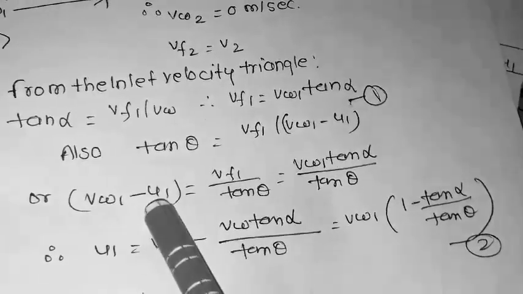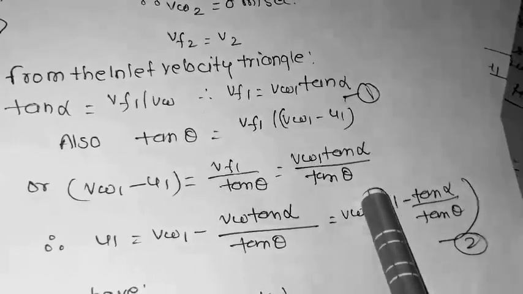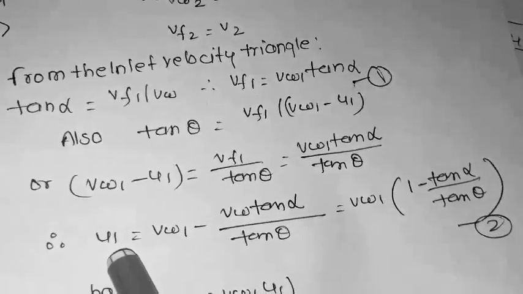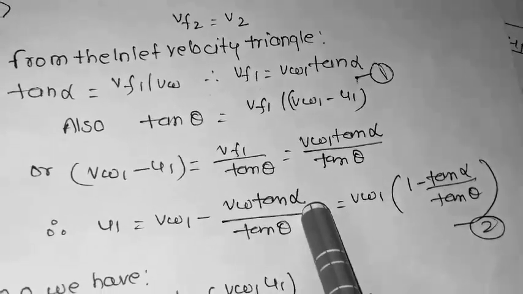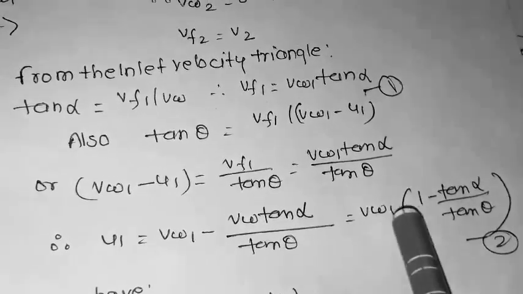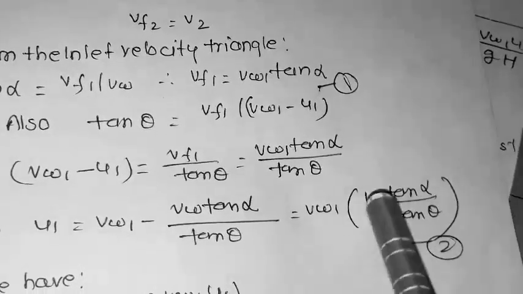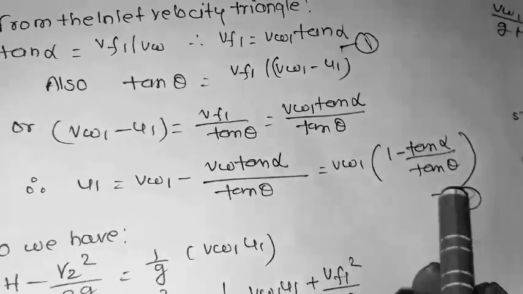That's why Vw1 minus u1 is equal to Vw1 tan alpha upon tan theta. This implies that the tangential velocity at inlet u1 is equal to Vw1 minus Vw1 tan alpha upon tan theta. This implies that u1 is equal to Vw1 bracket 1 minus tan alpha upon tan theta. Okay, this is equation number 2.